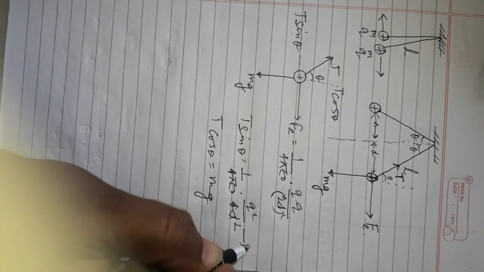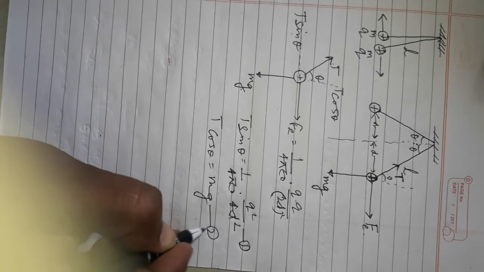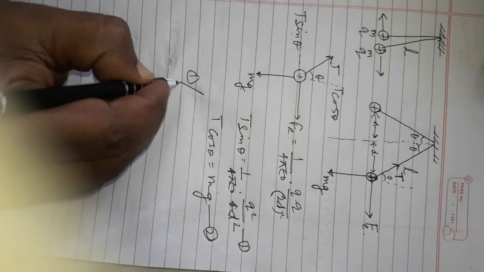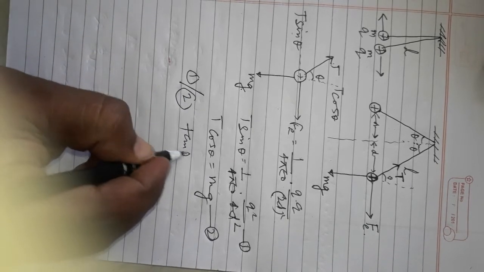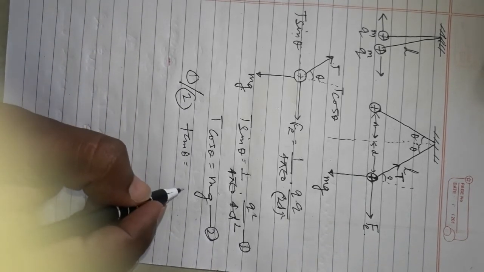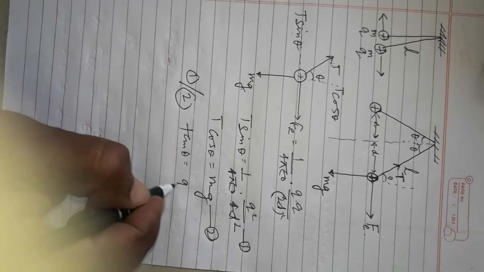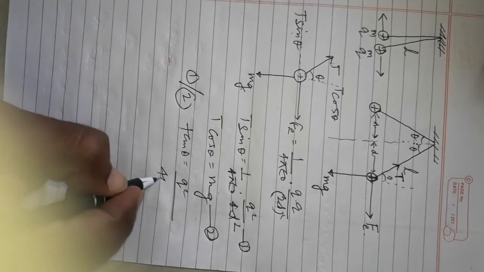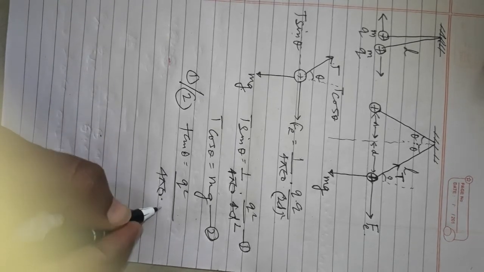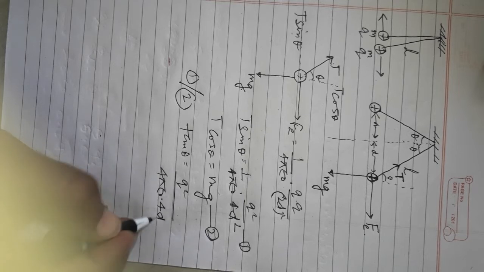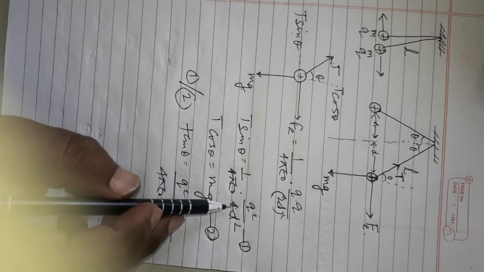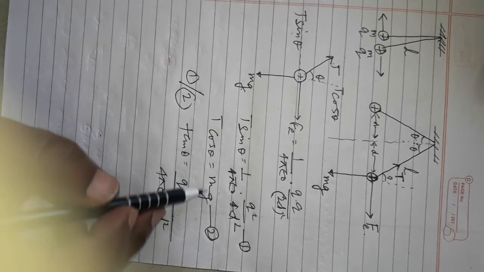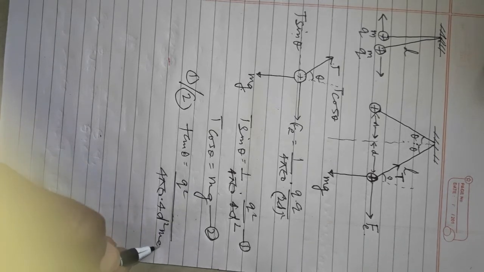Let us consider this as equation number 1 and this as equation number 2. Now, if we divide equation number 1 by equation number 2, we will get tan theta is equal to, I will simplify it for you, q square upon 4 pi epsilon naught into 4d square, and this will be mg.